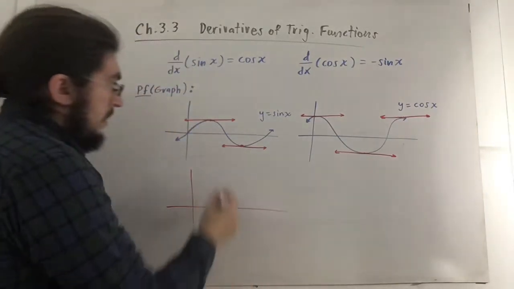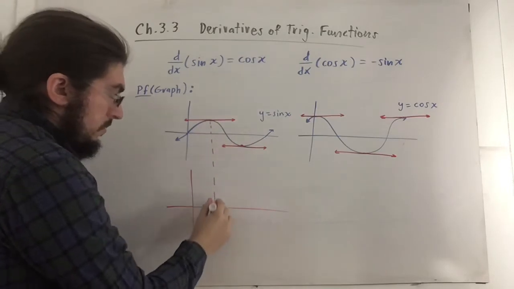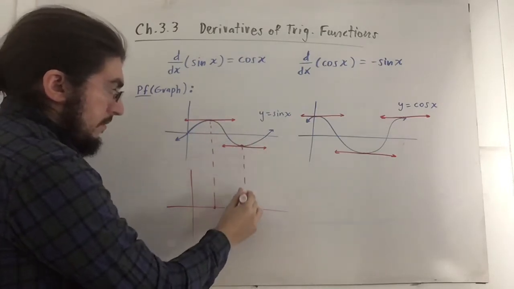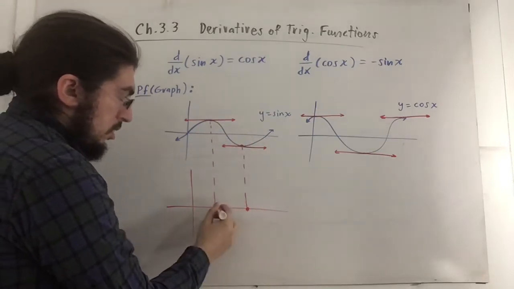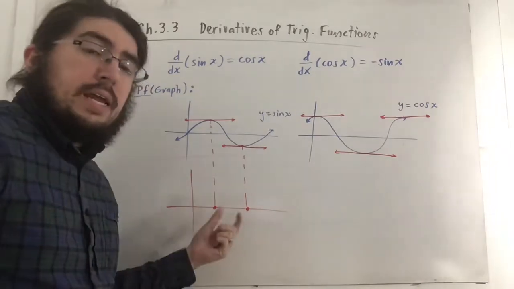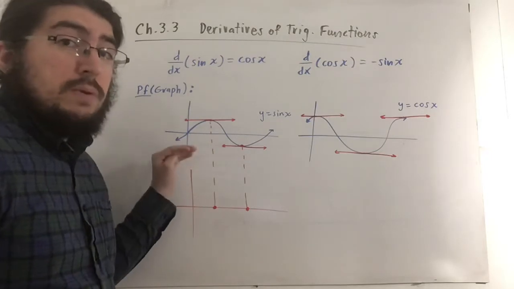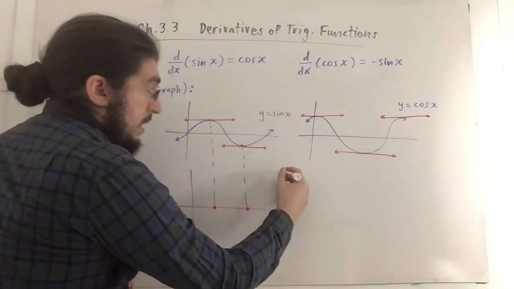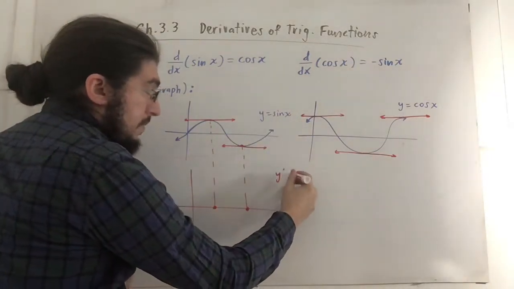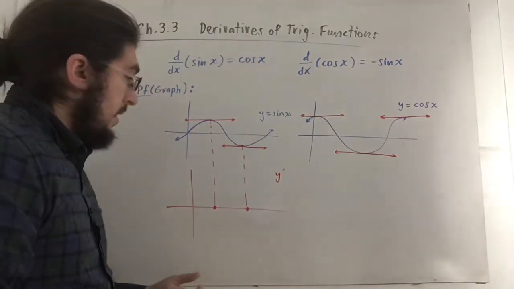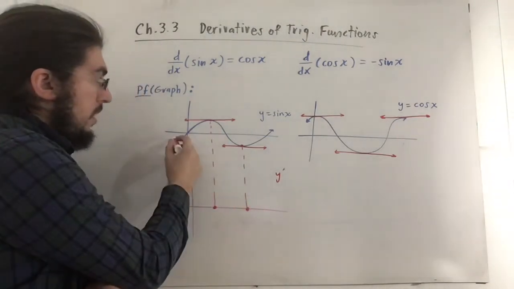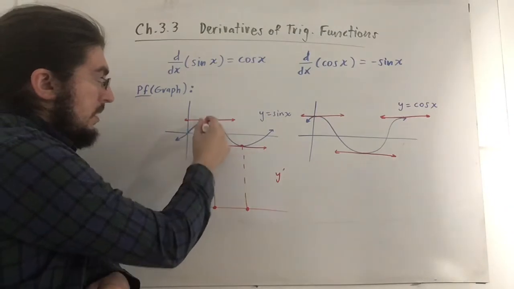Let's see. It's 0, it looks like, here and here. So notice what I'm doing is plotting an x-intercept at these points, because that's when the slope is 0. If this is y, this is going to be y prime, and we're going to see what the graph looks like. Also notice before here, it seems to be positive.